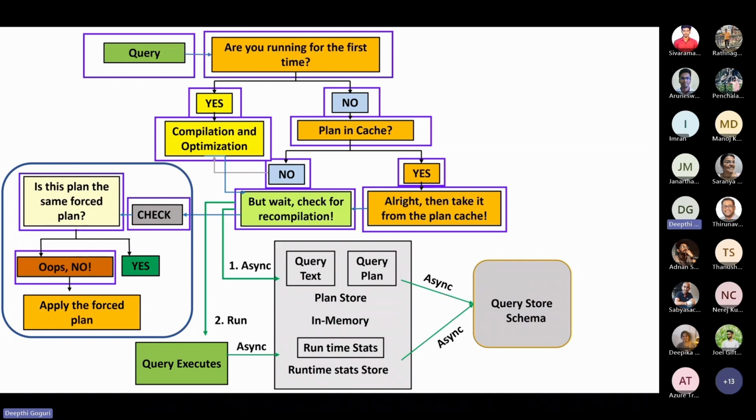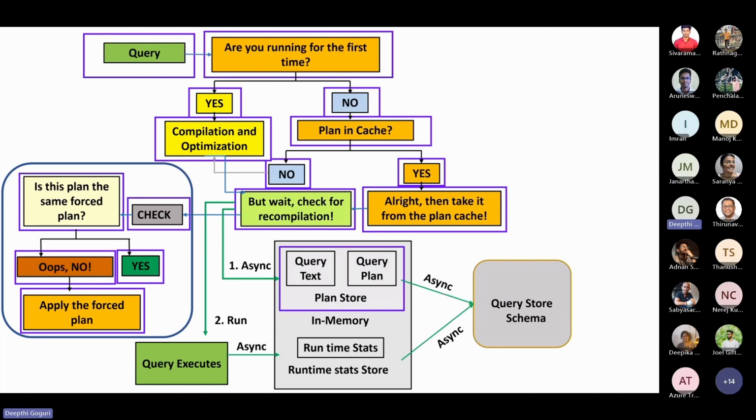So let me ignore that and create a new plan. And the new plan might be entirely different. So it will check that, and if the plan is not similar to the forced plan, then it will go ahead and force that forced plan. If the plan is the same, then it will move ahead with the next steps.